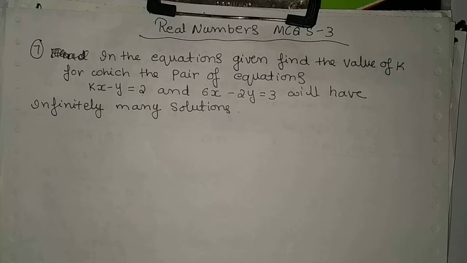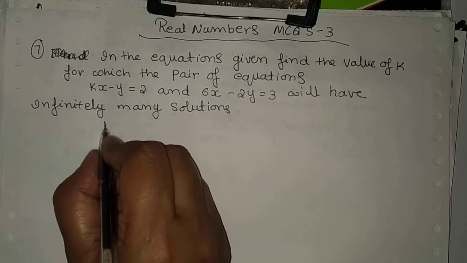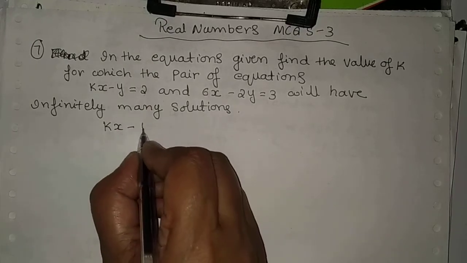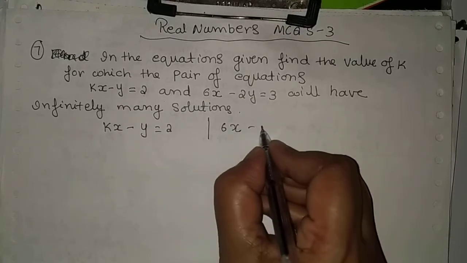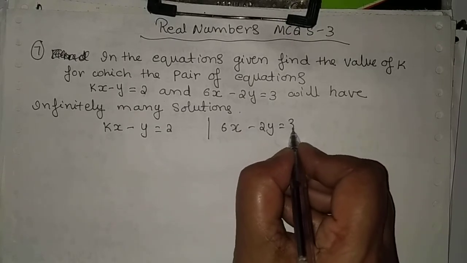So infinitely many solutions. So what is the solution? We'll see. We'll take the equations kx minus y is equal to 2 and 6x minus 2y is equal to 3.